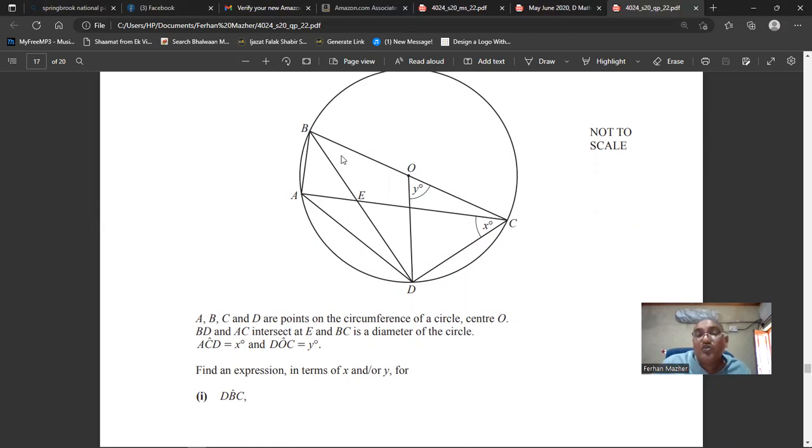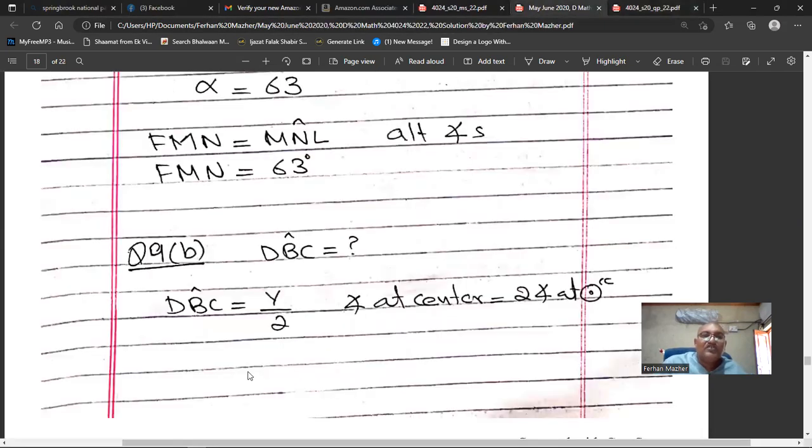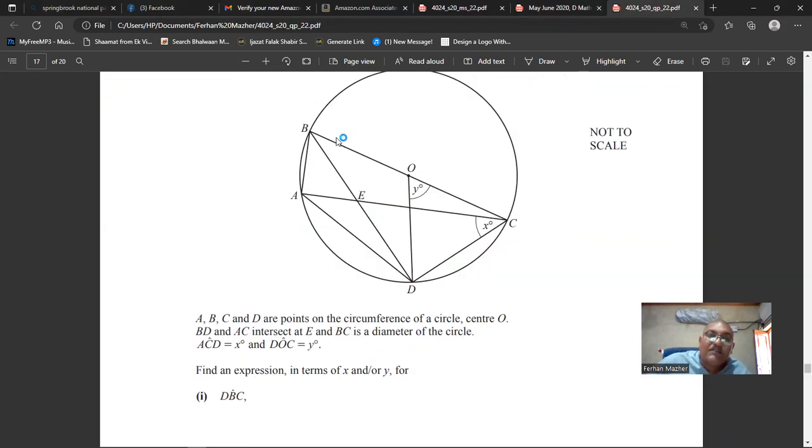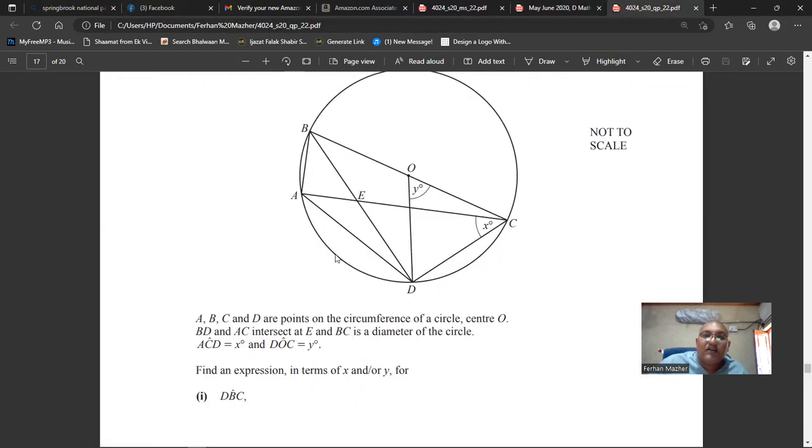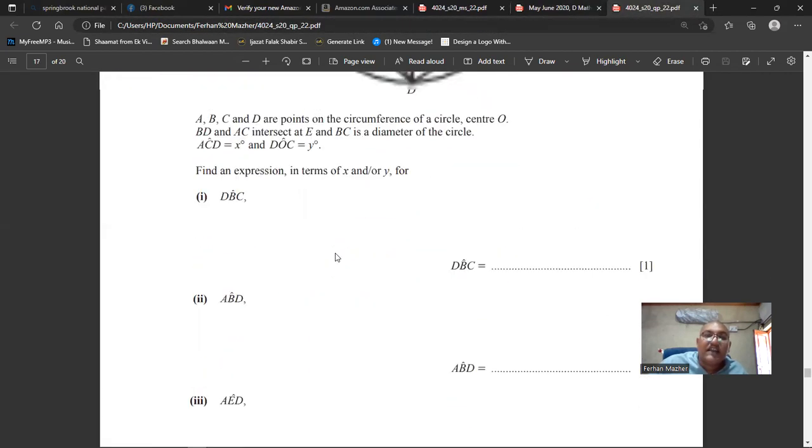So 2 times DBC equals y. So DBC will be y by 2. The reason is the angle at the center is 2 times the angle at the circumference. So this angle here will be y by 2. Okay. Now the next question is find the ABD.